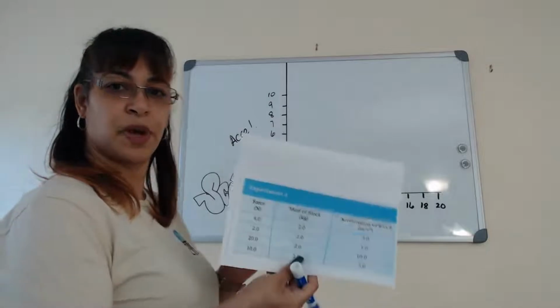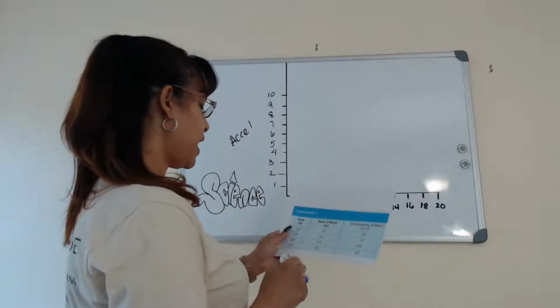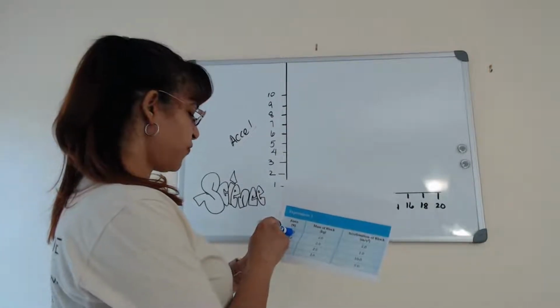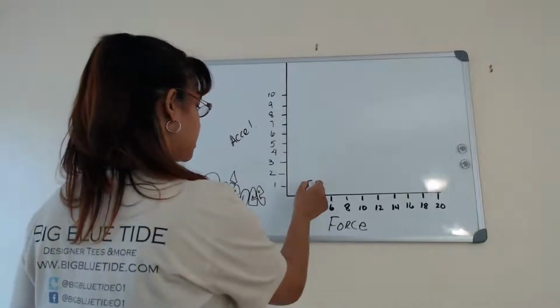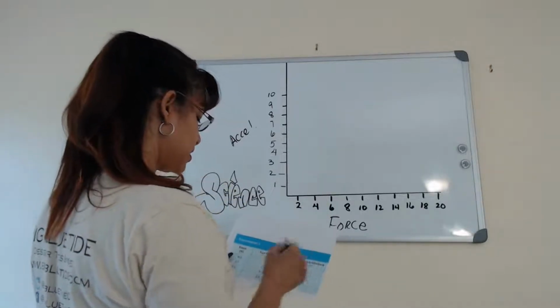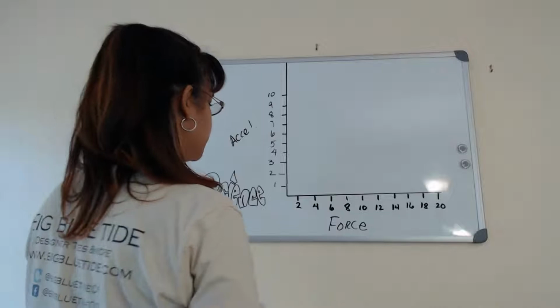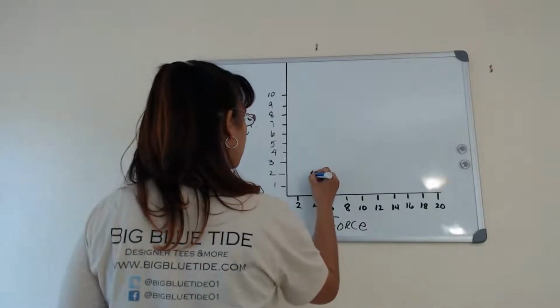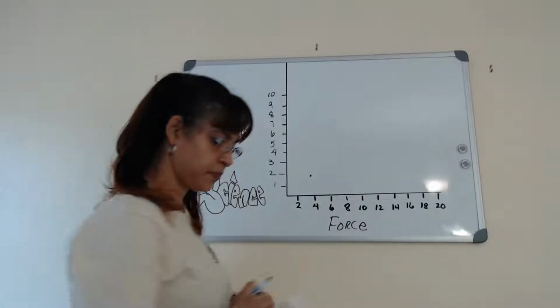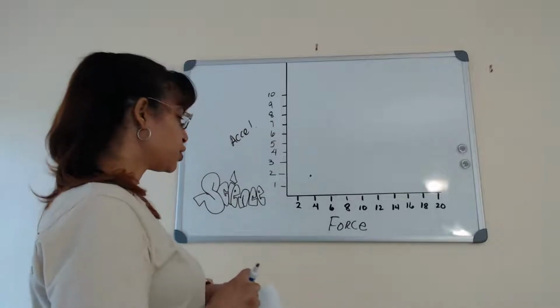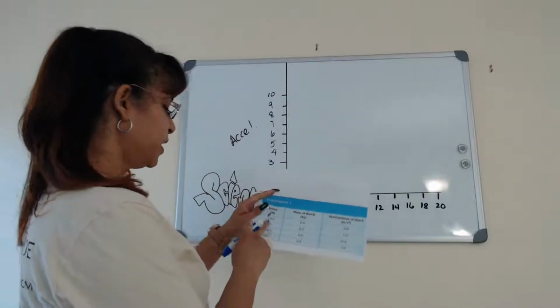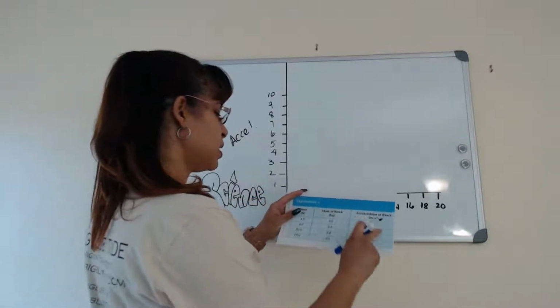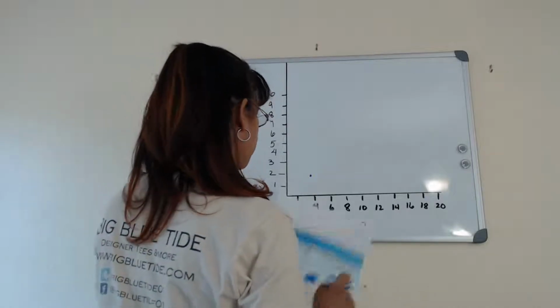So looking at experiment 1, we have a force of 4 newtons, so that's going to be here, and an acceleration of 2 meters per second. So that's going to go there. The next point is a force of 2 newtons and an acceleration of 1 meter per second.